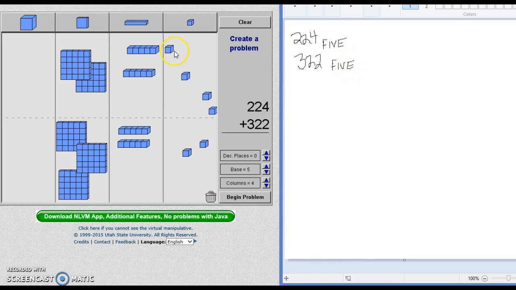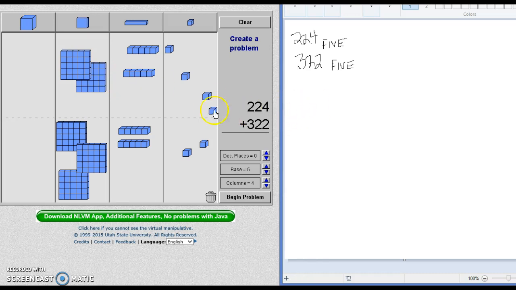And if you look at the base pieces, you can say, all right, babies are babies. My longs are made up of 5 babies. My flats are made up of 5 longs, which is a total of 25. 5 flats would make a block, which would be 125, and so on. So I'm definitely in base 5 here.